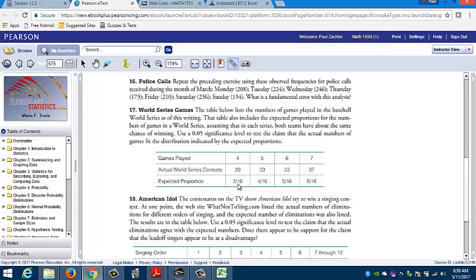Okay? So now the question is, are we getting what we expect? I mean, do we expect to get more 7-game series than 4-game series? Absolutely.